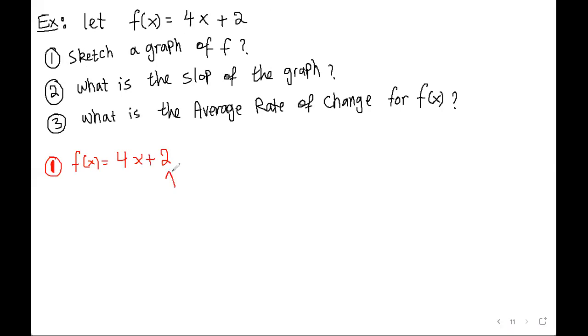This is the y-intercept, and I know the graph looks like a line. And here is the slope, and the slope is positive. This means the graph looks like this.